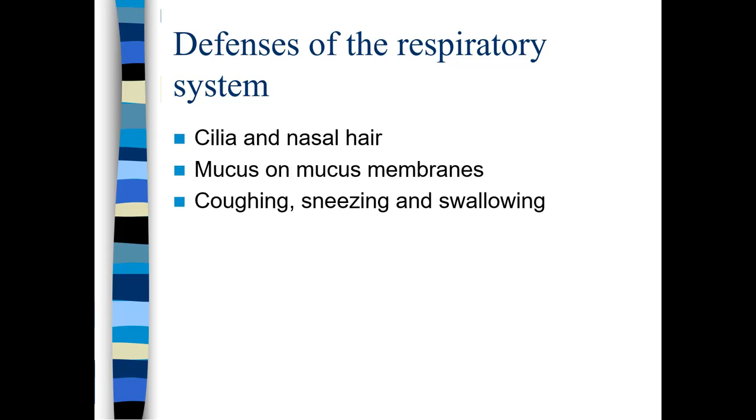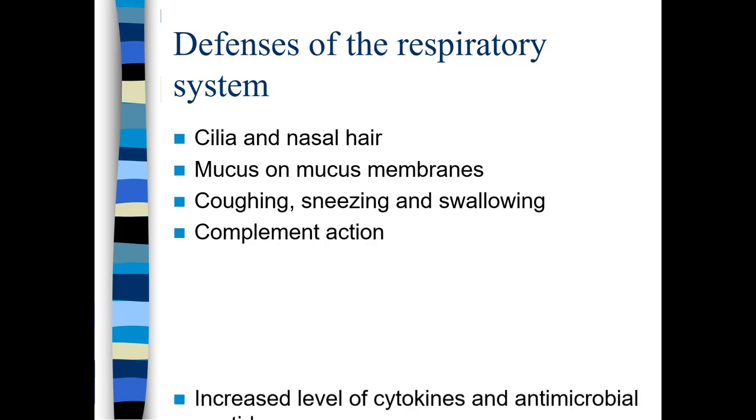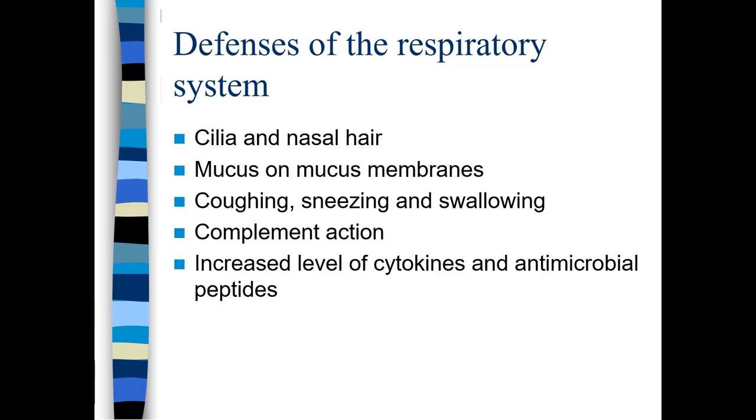Coughing, sneezing, and swallowing are just defense mechanisms in order to dislodge foreign pathogens. Complement action, the complement cascade, is highly active, and there is an increased level of cytokines and antimicrobial peptides specifically around your respiratory tree.